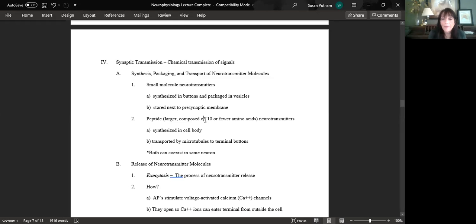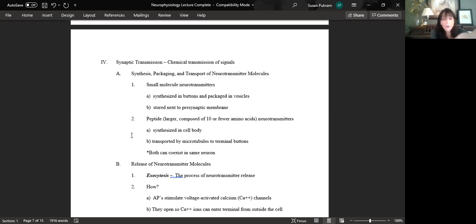And these are synthesized in the cell body. And remember the microtubules? If some of these terms sound unfamiliar to you, go back and take a look at the very first lecture in neuroanatomy. In that lecture, you'll find all of these terms. You'll find the diagrams that you can take a look at.